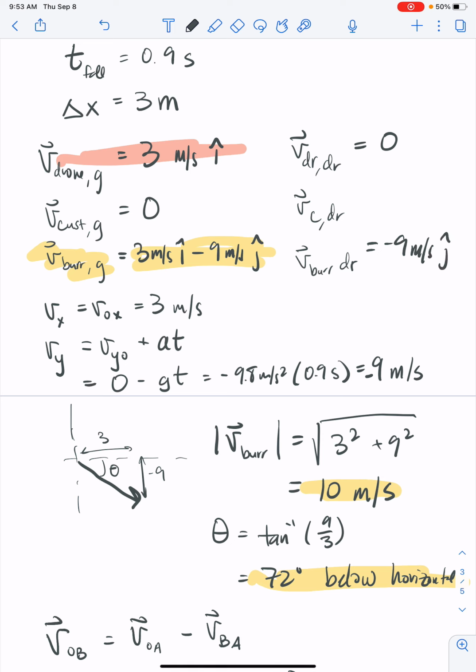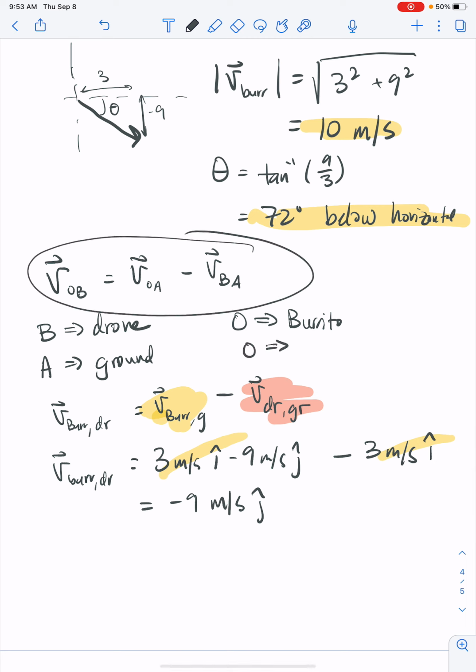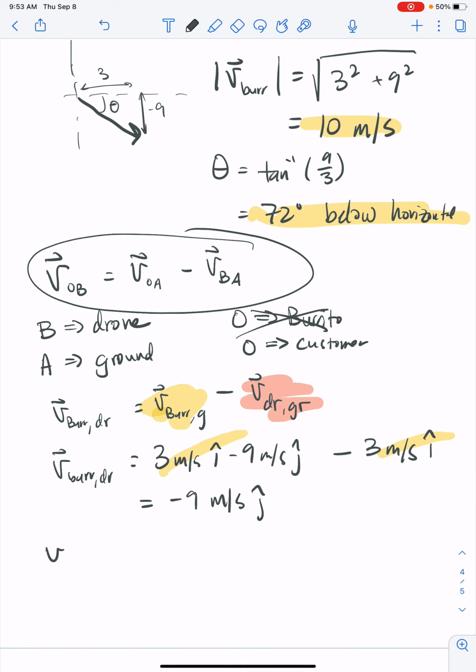All right. And then the last one we want to think about is the velocity of the customer in the drone frame. We're going to use the same equation, but now our object is the customer instead of the burrito. So the velocity of the customer in the drone frame is the velocity of the customer in the ground frame minus the velocity of the drone in the ground frame.